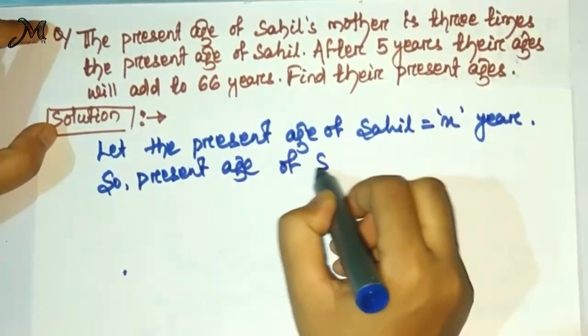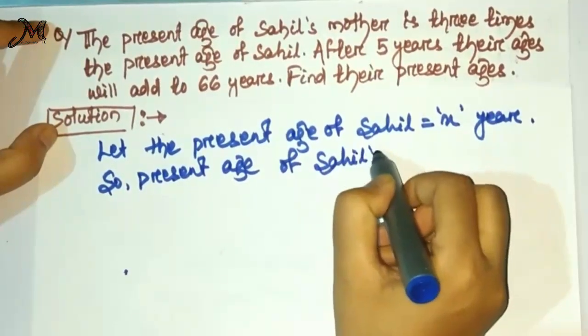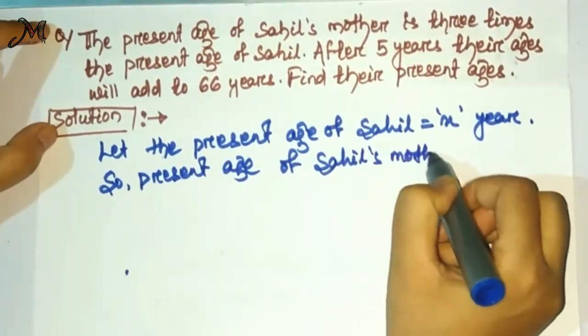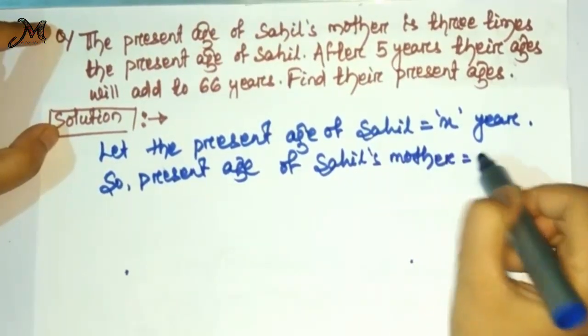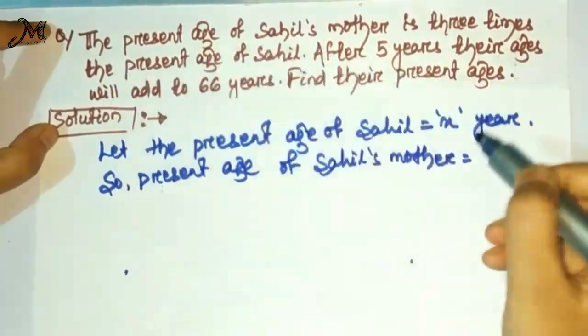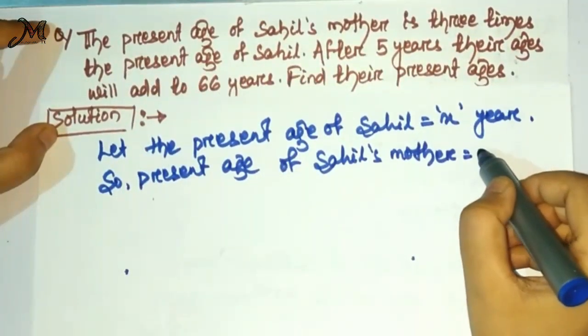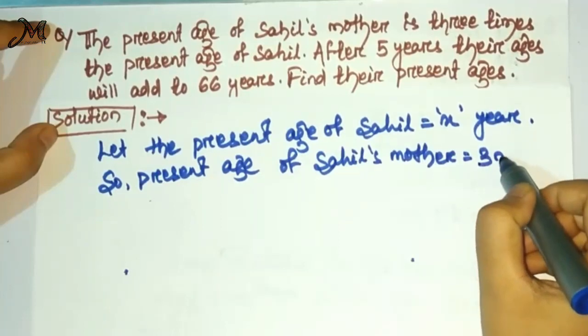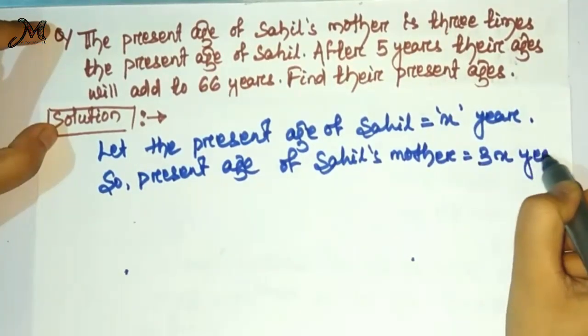Present age of Sahil's mother will be 3 times the age of Sahil, that means 3x years.